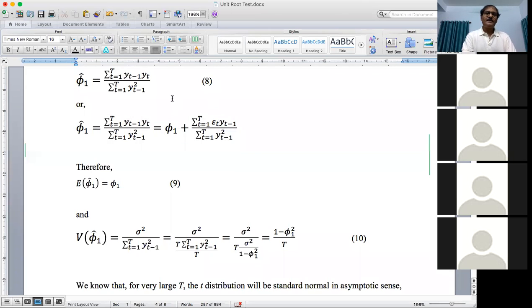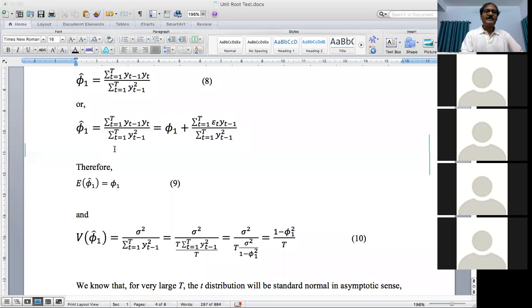So similarly, we have the result like this in our case, because I have mentioned yt minus 1 behaves like x, the regressor, and epsilon is a random error term. So phi 1 hat is equal to phi 1 plus this component.